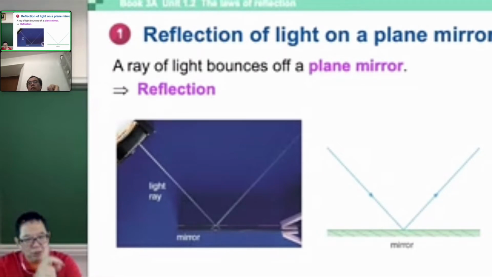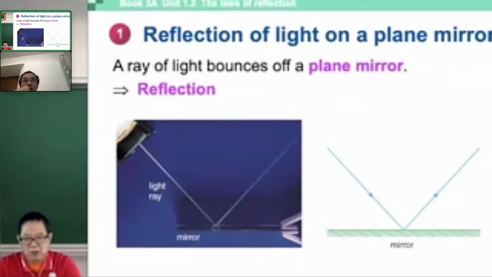So we'll make use of a ray box. As I mentioned last time, the ray box is used to introduce the concept of converging rays, diverging rays, and parallel rays, or parallel beam, diverging beam, and converging beam.